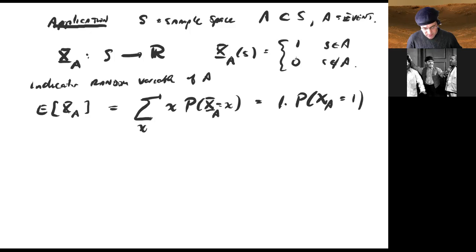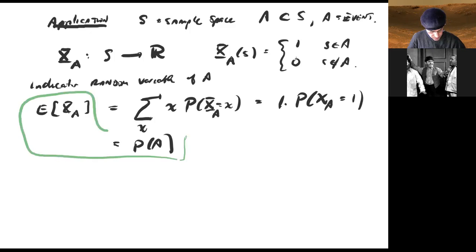But what does it mean? What is the probability that X sub A is 1? Well, that's the event given by all the elements in the sample space whose value under the indicator function is 1. But that's exactly the probability of the event A. So this is equal to the probability of A. This is the significance of the indicator random variable: its expectation is the probability of A. A similar thing we can compute is the conditional expectation.